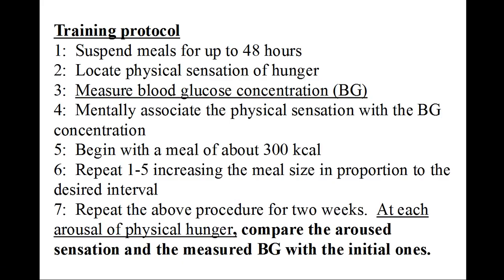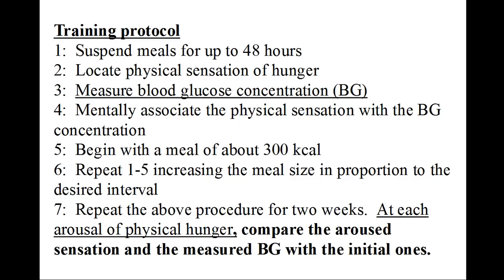Training protocol. 1. Suspend meals for up to 48 hours. 2. Locate physical sensation of hunger. 3. Measure blood glucose concentration, BG. 4. Mentally associate the physical sensation with the BG concentration. 5.